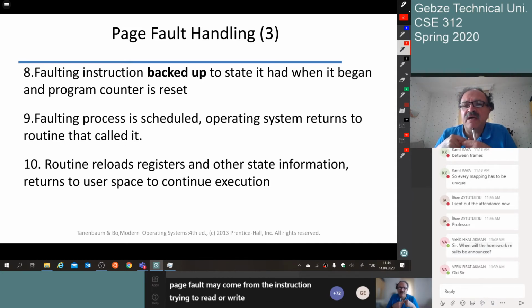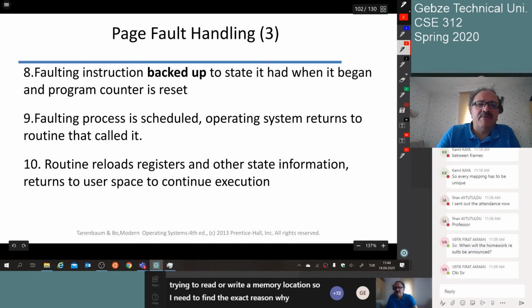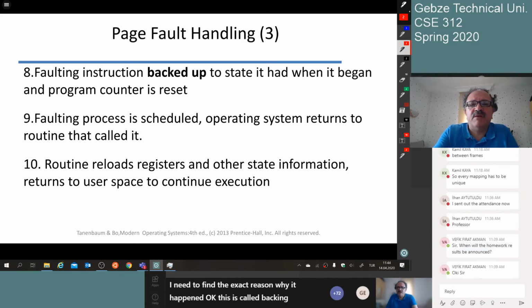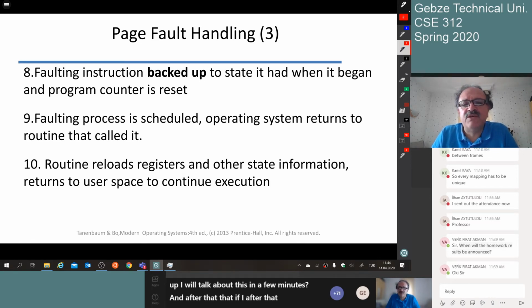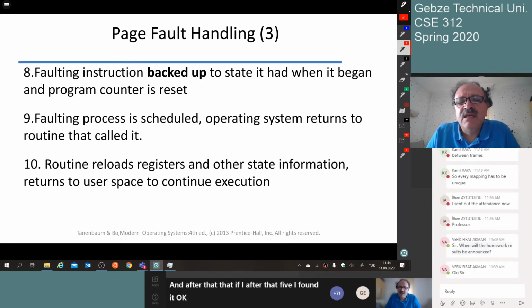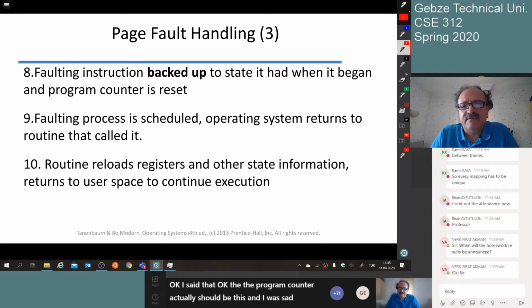So I need to find the exact reason what happened. This is called backup, and we will talk about this in a few minutes. After that, I found it. I said that the program counter actually should be this, and I will start executing that instruction again.